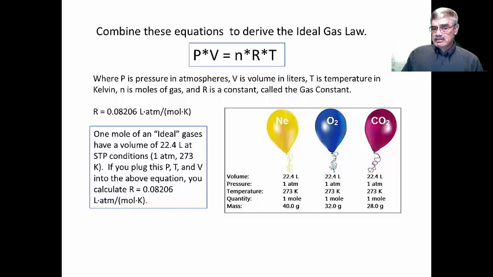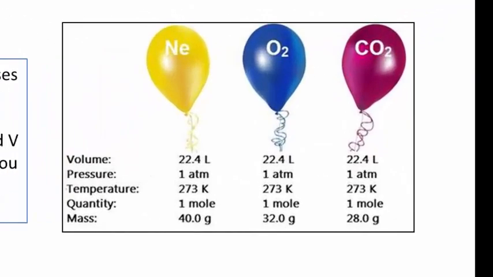Before reflecting on that gas constant, let me point out something to you which is very, very interesting about gases. If you have 1 mole of a gas, and it could be neon or oxygen or carbon dioxide or hydrogen gas or helium gas, virtually any gas, if you have 1 mole of that gas, and if the pressure is 1 atmosphere, and if the temperature is 273 degrees Kelvin, the volume occupied by that gas will be 22.4 liters.